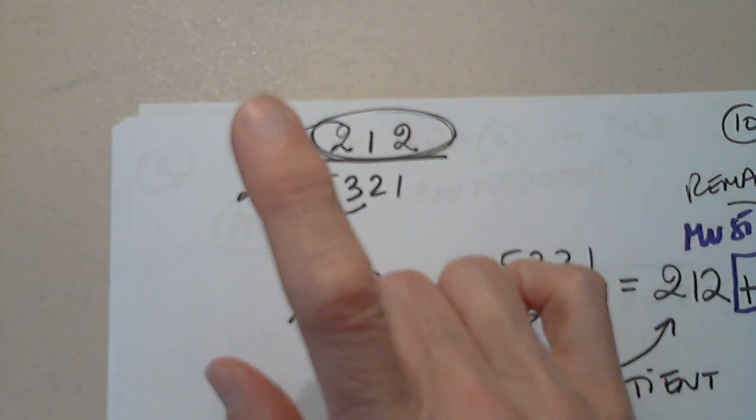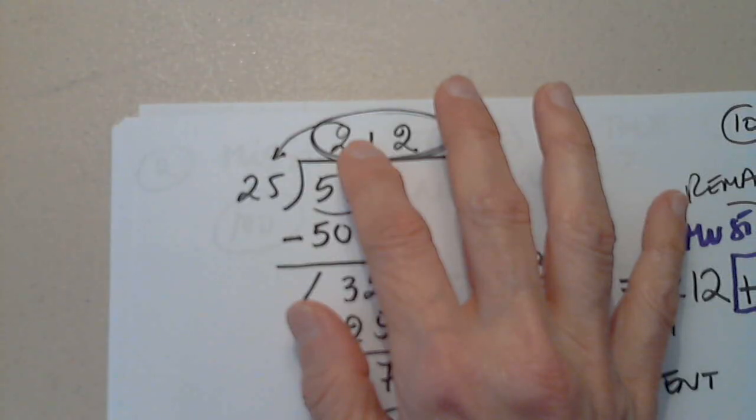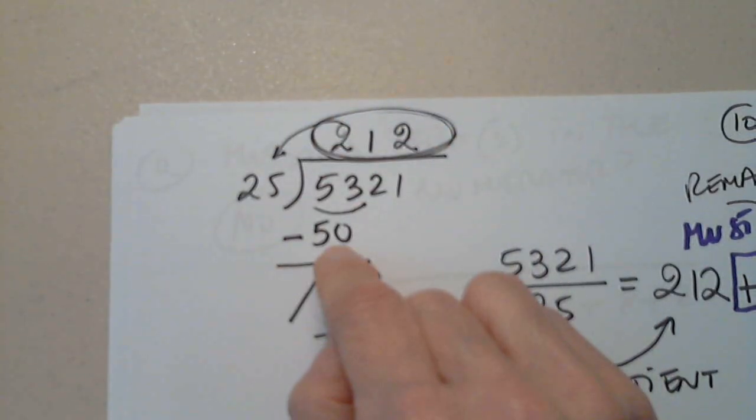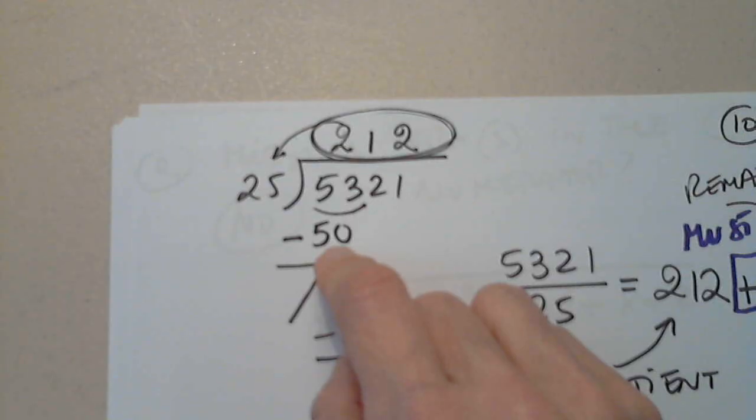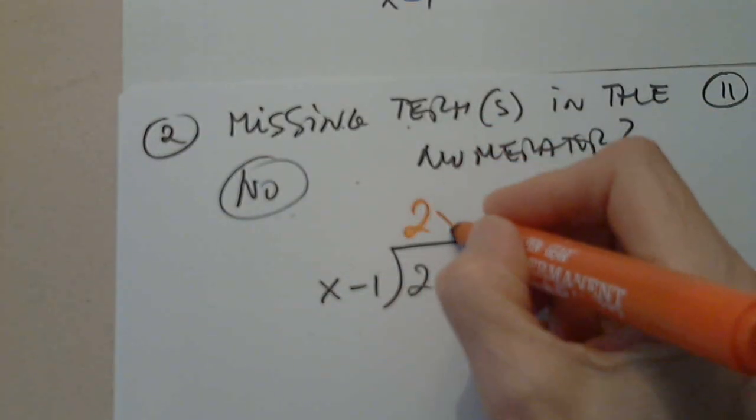I'm asking myself, x times what is 2x cubed, and it has to be 2x squared. But when I write it underneath, I have to change the sign, no matter what, to the opposite sign.